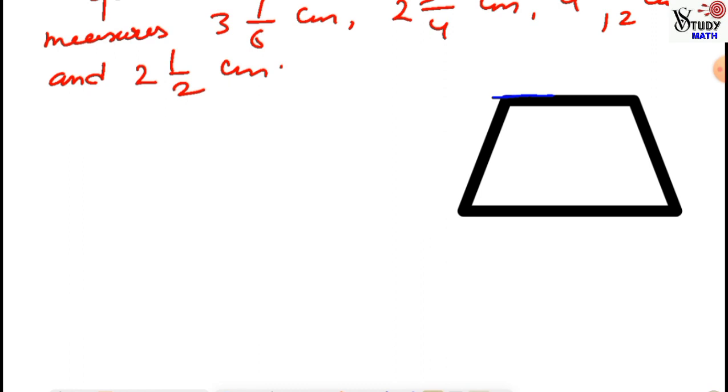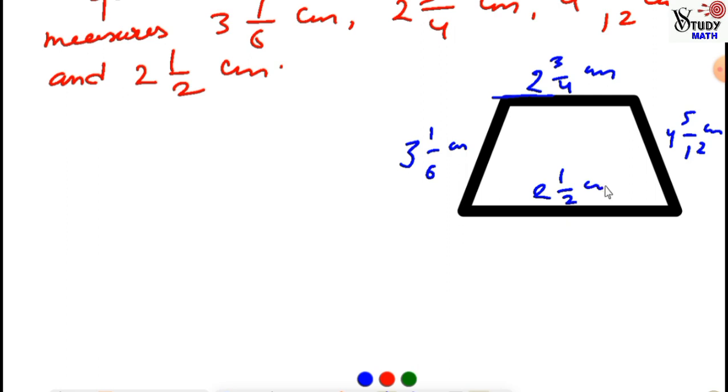This side is 3 1/6 centimeter, this side is 2 3/4 centimeter, this side is 4 5/12 centimeter, and this is 2 1/2 centimeter. And we have to find the perimeter. Let's say it is A, B, C, and D. So we can solve this question very easily.